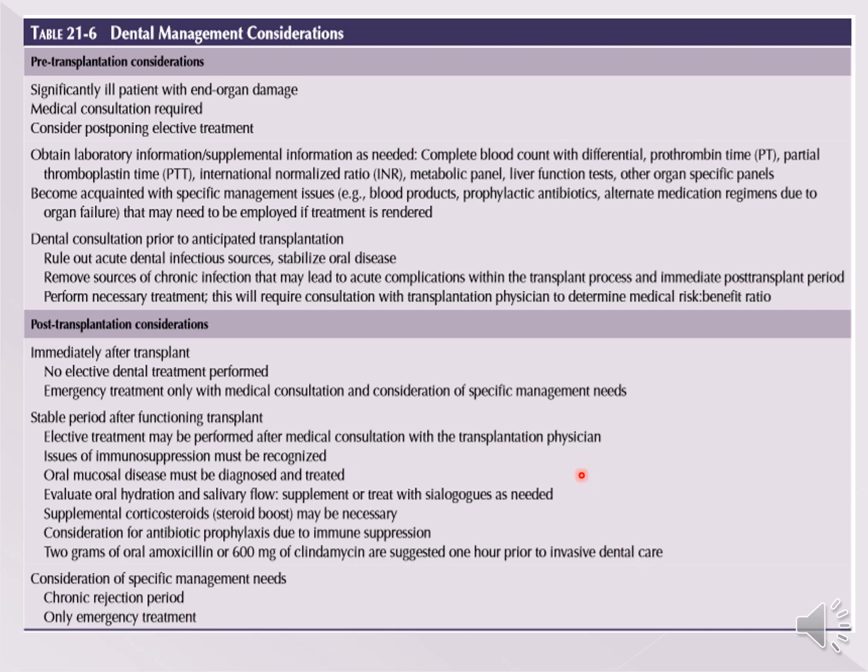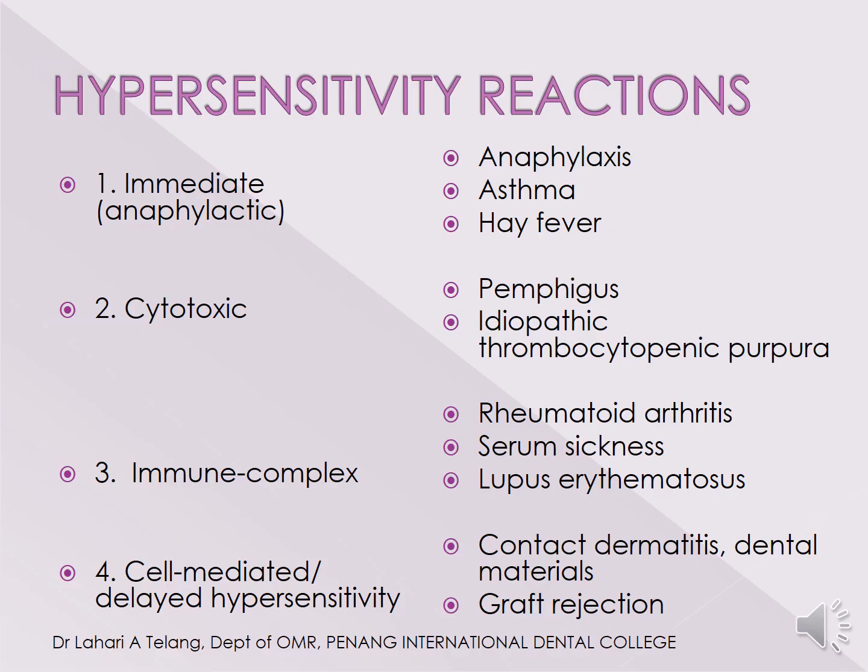This is a chart I've taken from Burket's 12th edition, which shows dental management considerations for pre-transplant and post-transplant. You might want to go through this in detail to understand how the dentist plays a role in managing these patients.